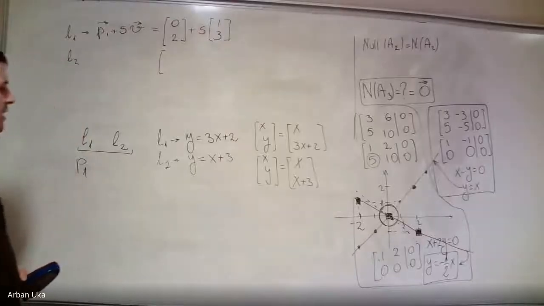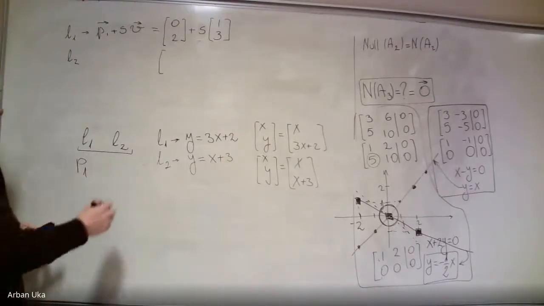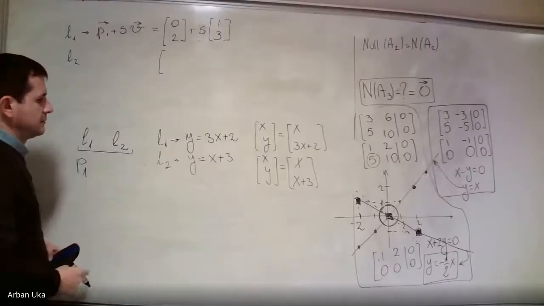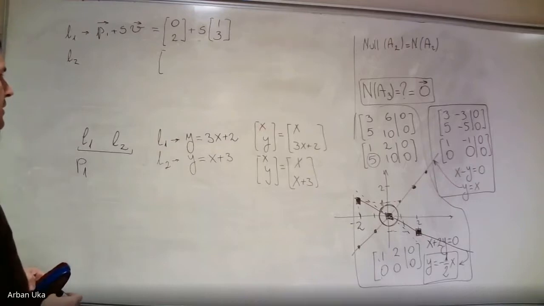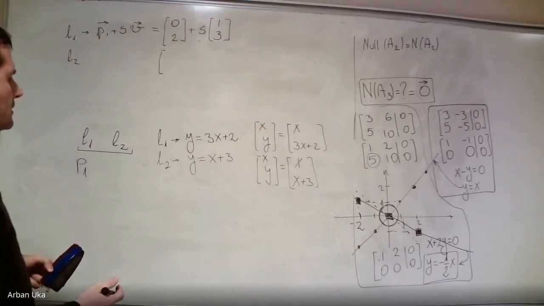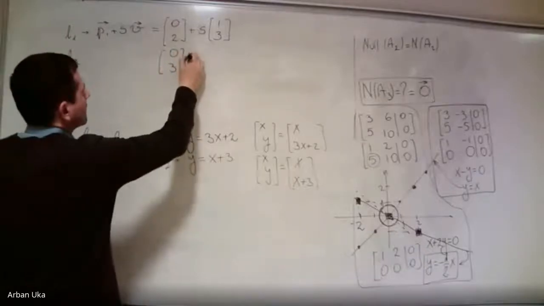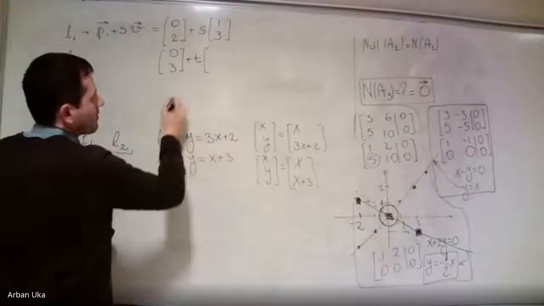Wait a second. Is it correct? It looks correct to me. Yes. It's (0, 3) plus t times (1, 1).